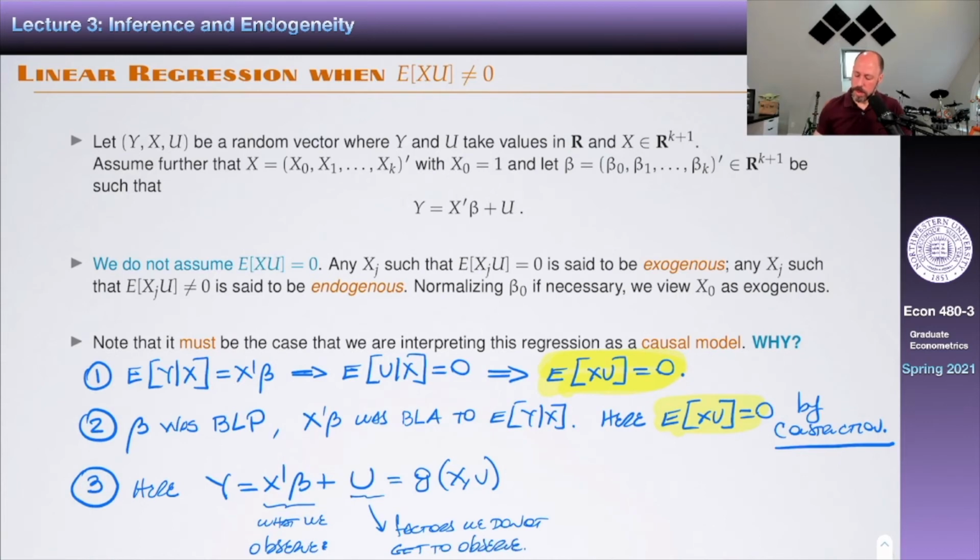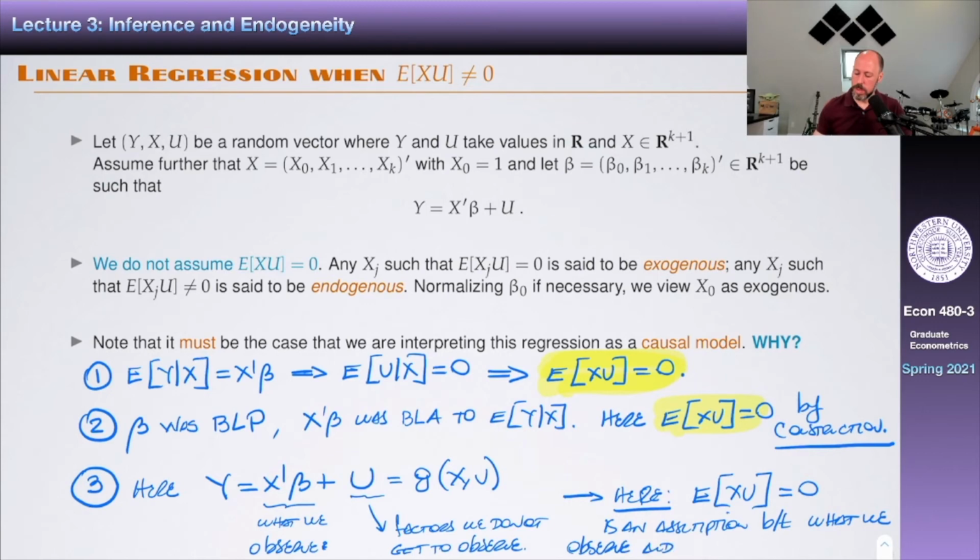So here, expected value of xu equal to 0 is an assumption between what we observe and what we don't.